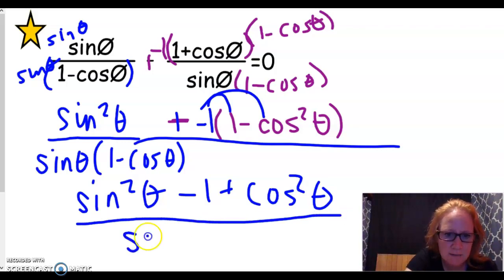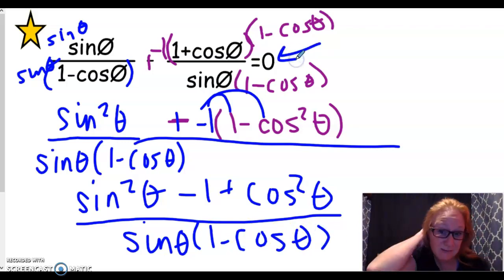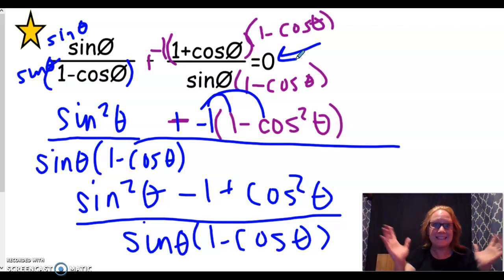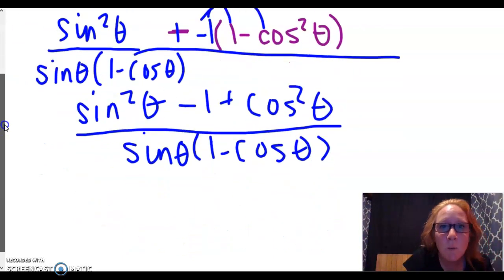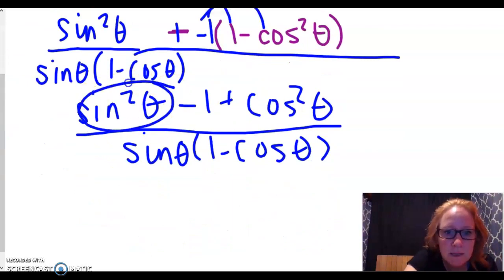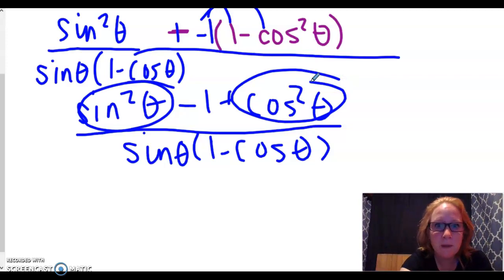Down here I have sine theta over 1 minus cosine theta. Where was I trying to get originally? I'm trying to get to 0. Is that going to work? Yes! Do you see it? Well, look. Sine squared plus cosine squared is 1.